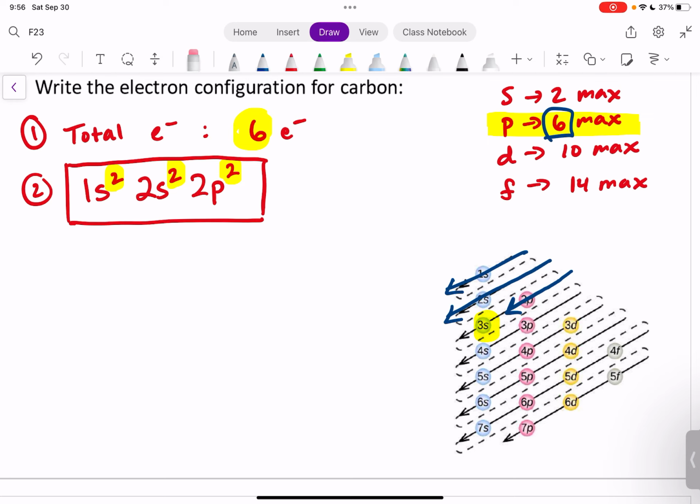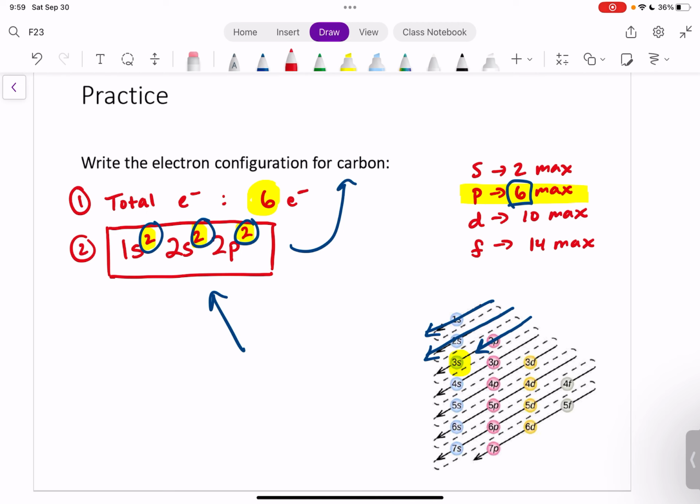So if I gave you this electron configuration and said find the element that has it, you could count all of the electrons, 2, 4, 6, and you would know, hey, that's carbon. Why would you know that was carbon? Yeah, carbon is atomic number 6 on the periodic table, right?